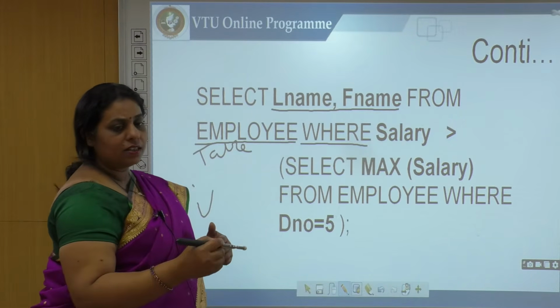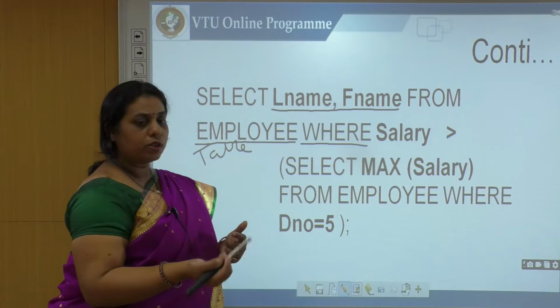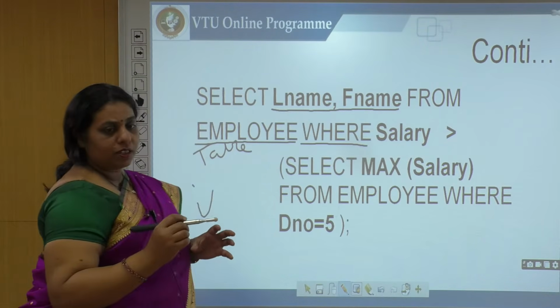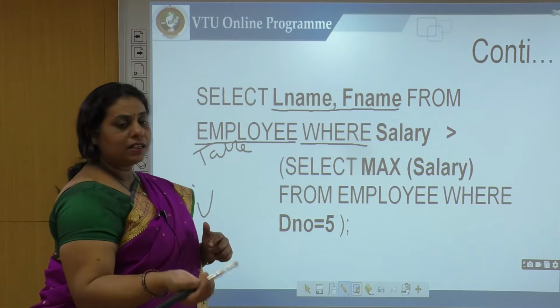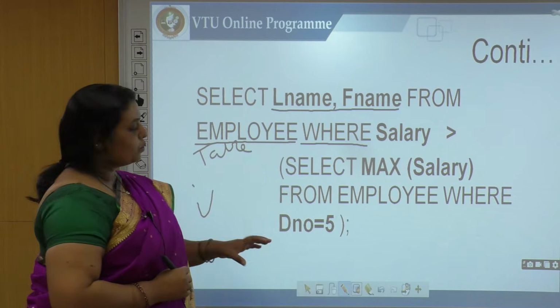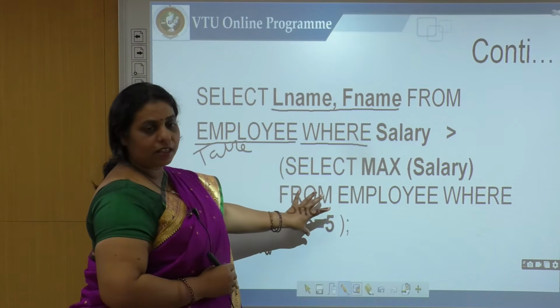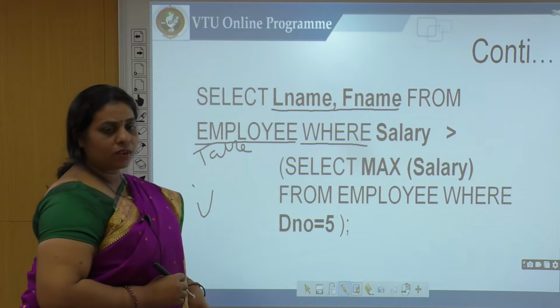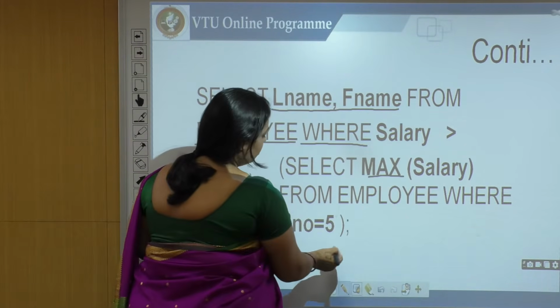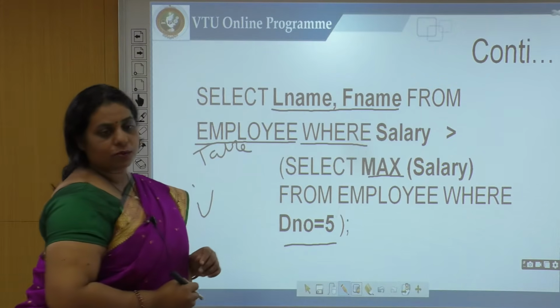Where is deciding whom to take now. So whom do I have to take? I want to take the employees whose salary is greater than the maximum salary paid in department number 5. So for the second query, what are the restrictions now? I don't want any salary. I want the max salary, that too from department 5 only.